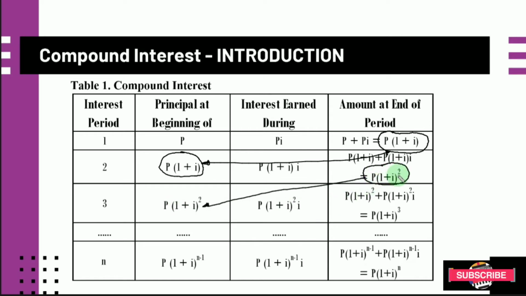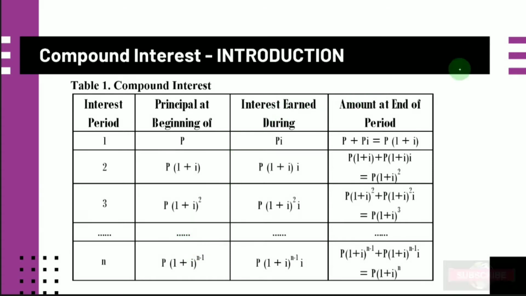So the same thing happens in the succeeding years, in which the future amount of your previous year will be the present or principal amount of your succeeding year. Okay, so this is the reason why they say it is interest on top of interest.